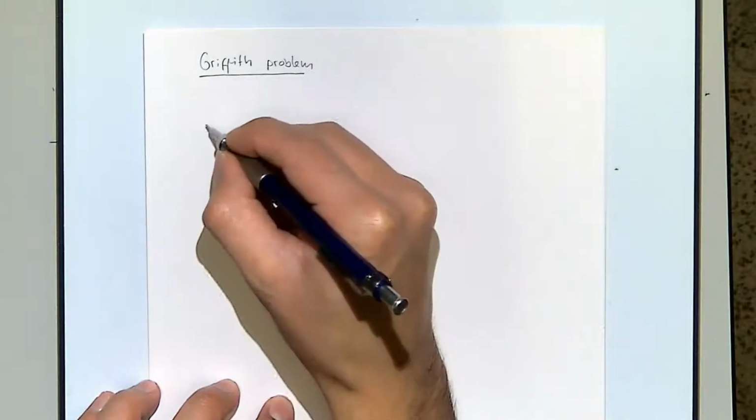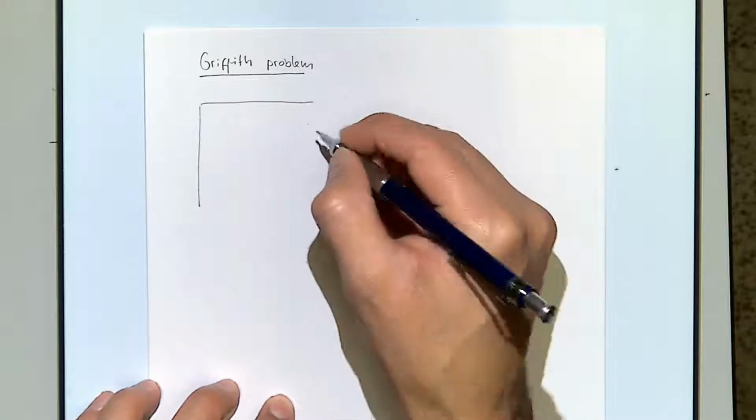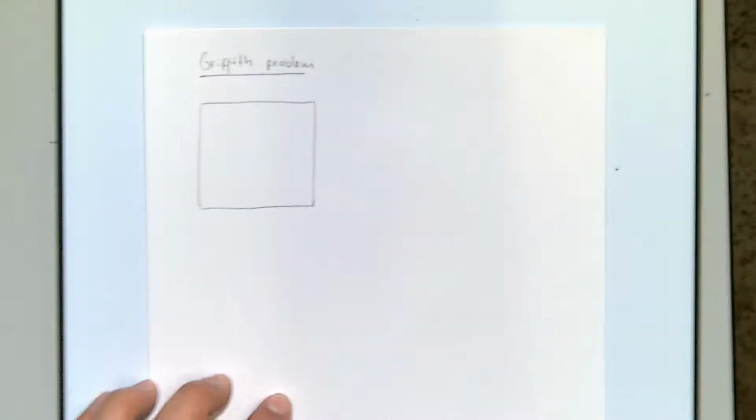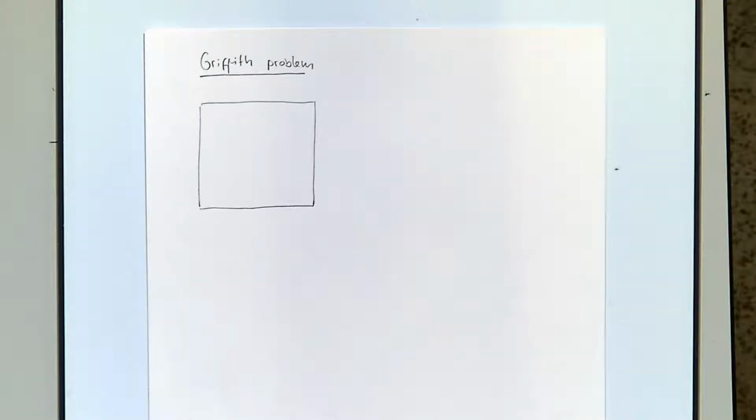And basically what Griffith tries to solve, he actually solved the problem, is what will be the stresses around a linear crack.